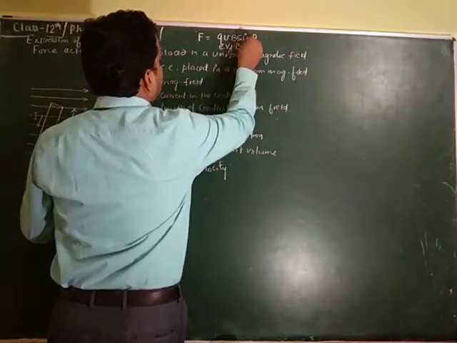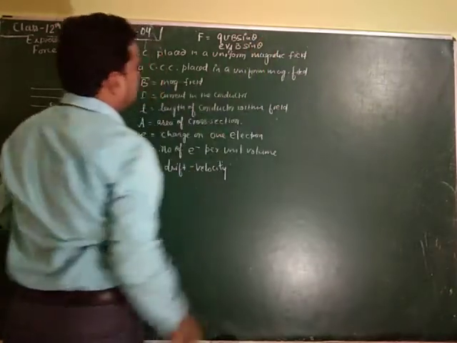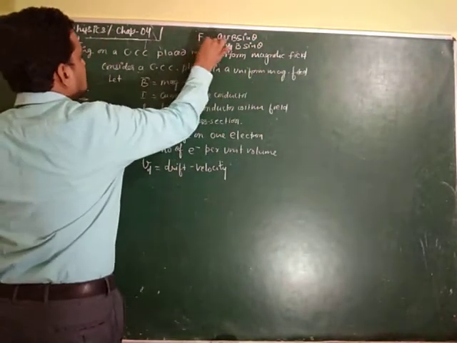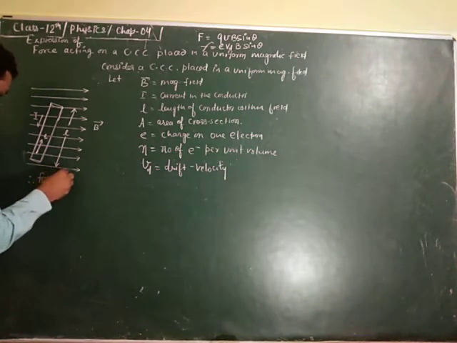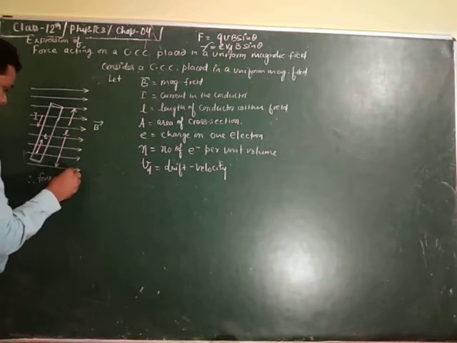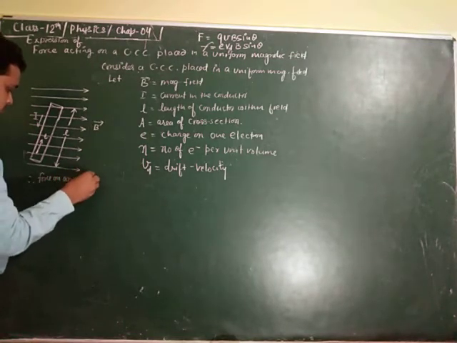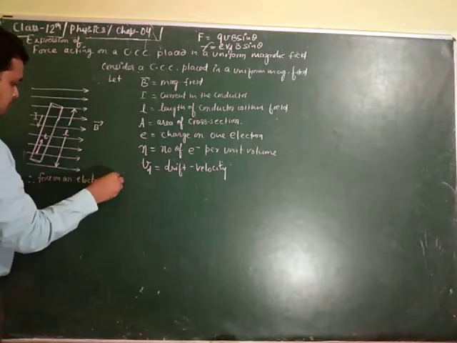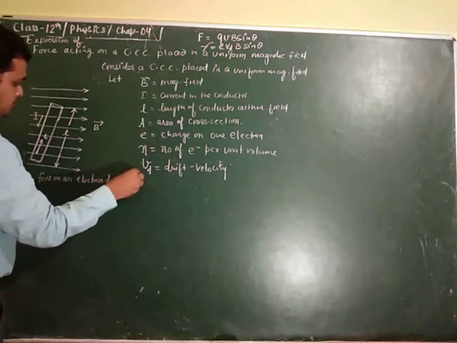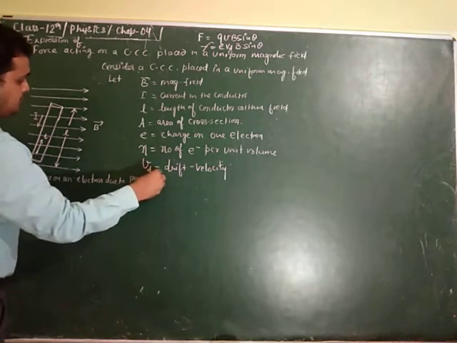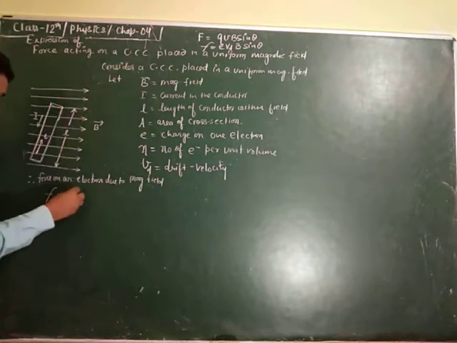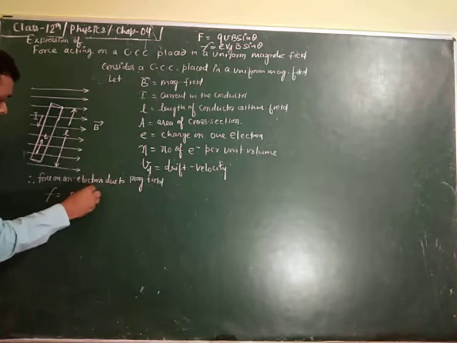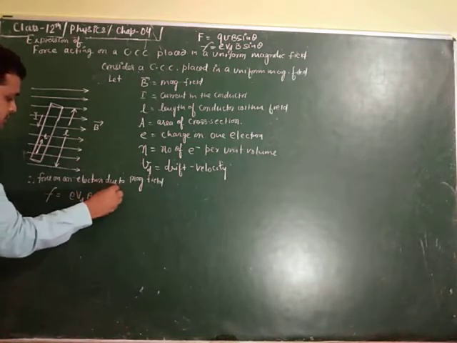B, you know what B is, and this is sine theta. So this is the force on a single charge. Therefore, the force on an electron due to a magnetic field is given by, according to this, e v_d B sin theta.